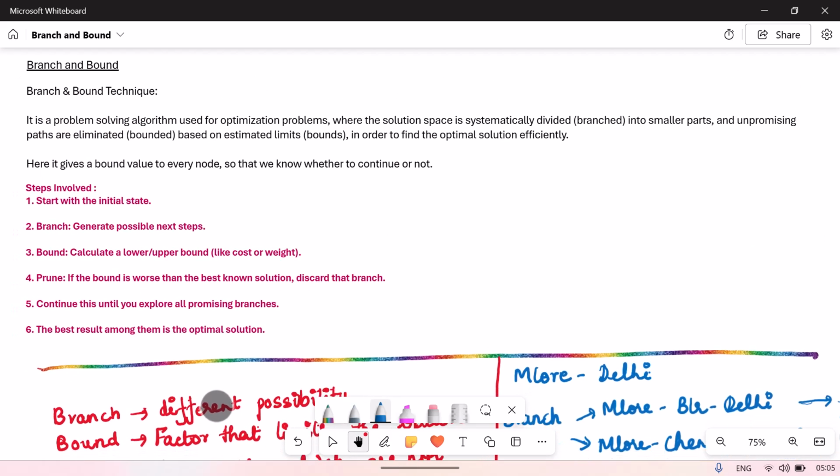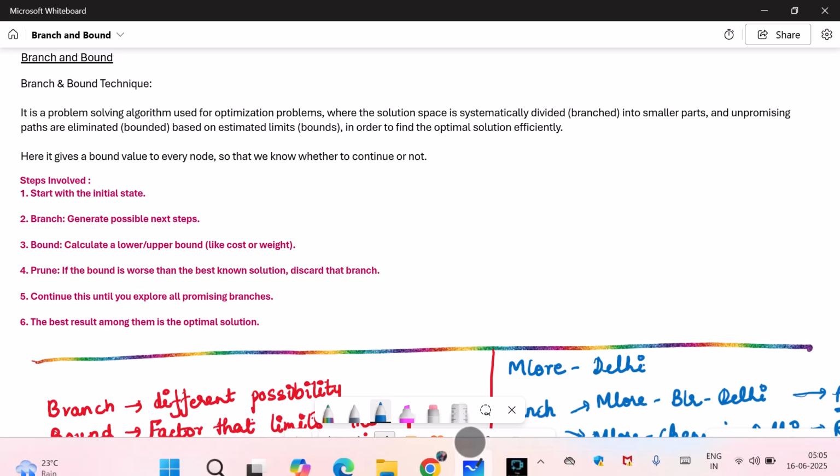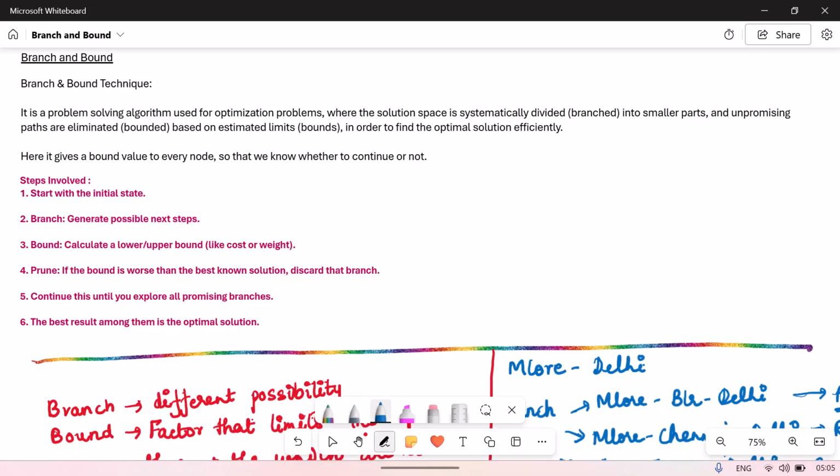Now we'll look at the definition of this. If they ask you to explain this, you can explain with the help of this definition. It is a problem solving algorithm used for optimization problems. Optimization problems means finding the maximum or minimum values, these kinds of problems.